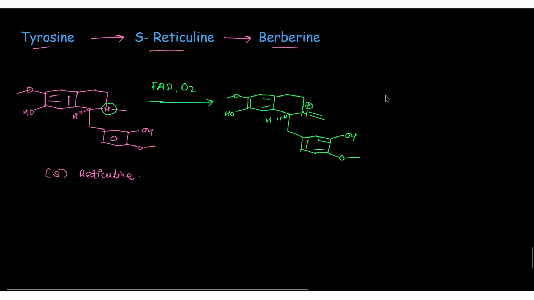in next step, a Mannich-like reaction takes place, and the lone pair of oxygen is delocalized, this one attacks on this one here, this one opens on nitrogen, and we get.